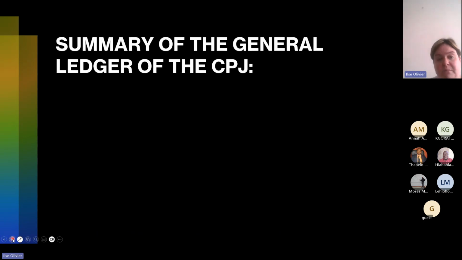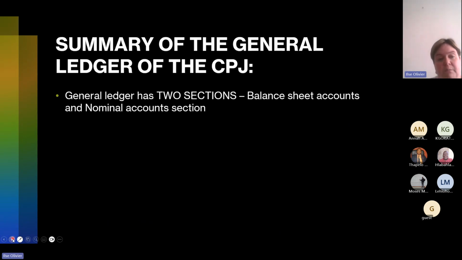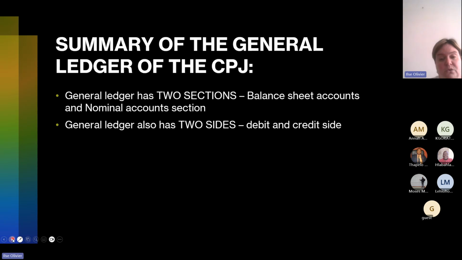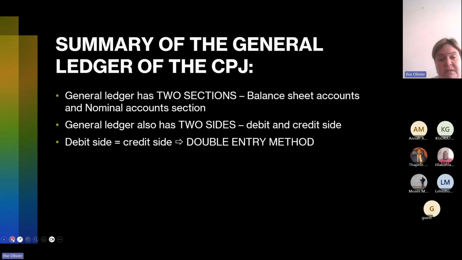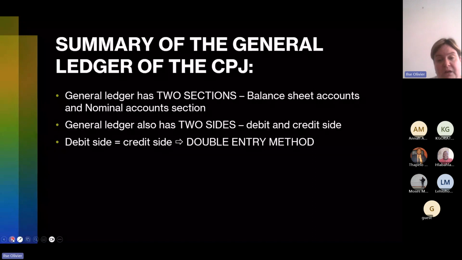So what must we remember when we post the CPJ? Number one, the general ledger has two sections, a balance sheet account section and a nominal account section. It also has two sides, a debit side and a credit side. The debit side must always equal the credit side, so that will be our double entry method.